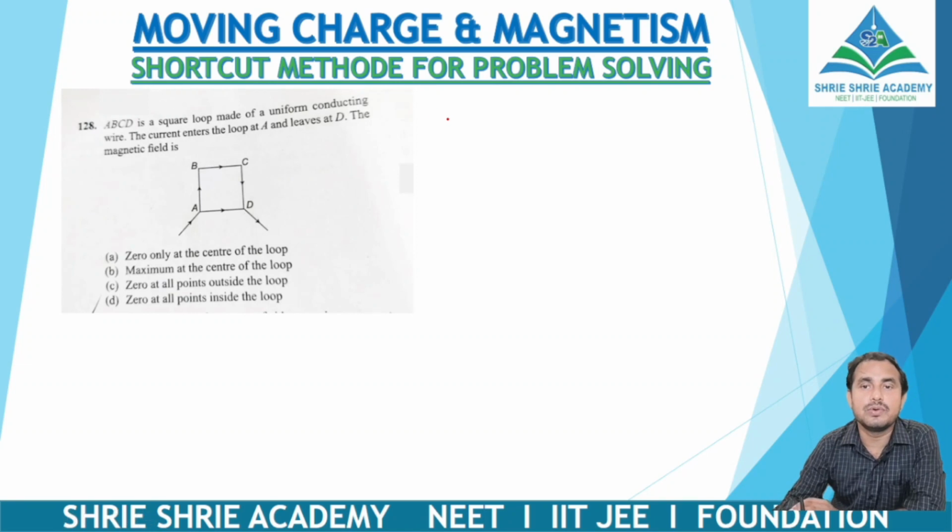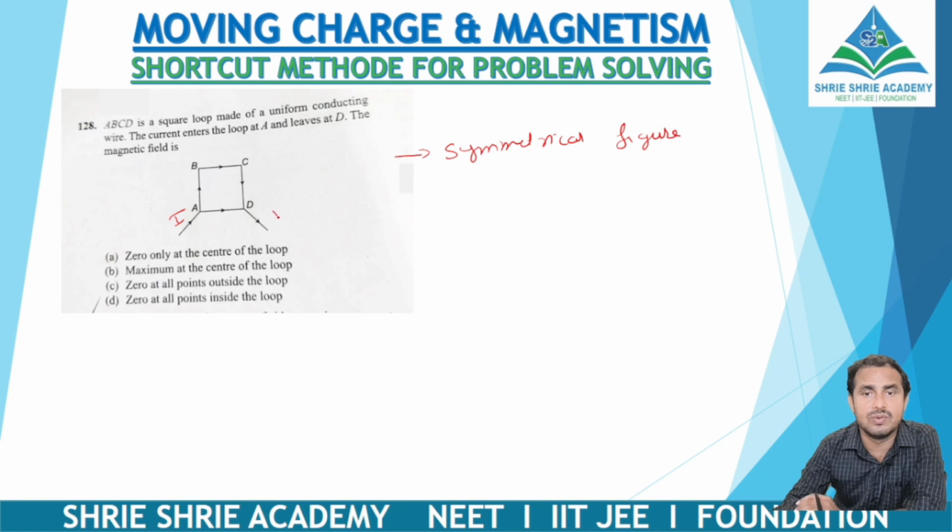Now this kind of question actually does not need to be solved; we can easily find the answer. The concept is that we have a symmetrical figure. A square is a symmetrical figure, right? In a symmetrical figure, whatever current goes in, the same current comes out. The current I enters the loop, made of uniform wire, and leaves.